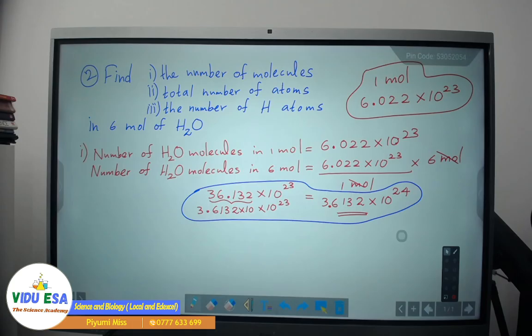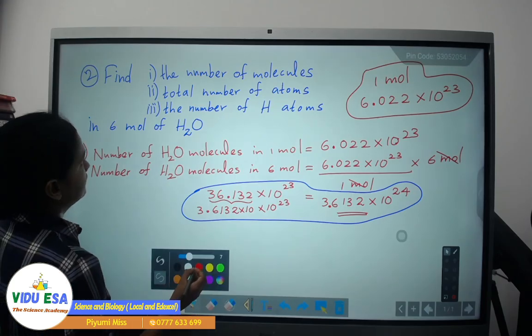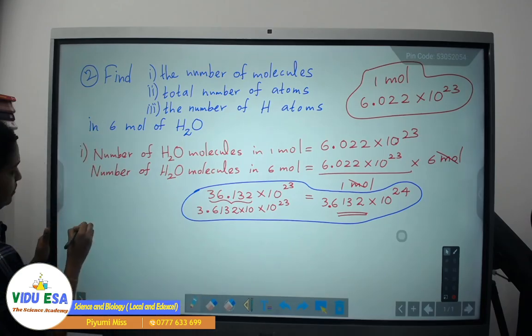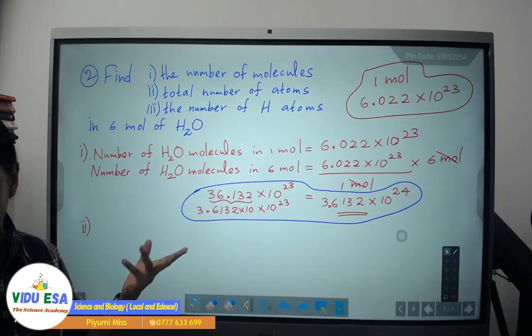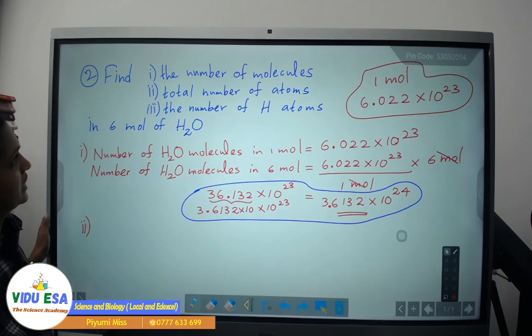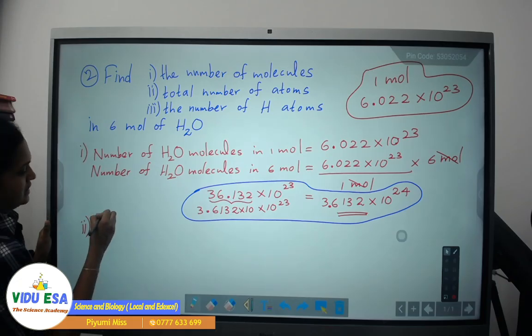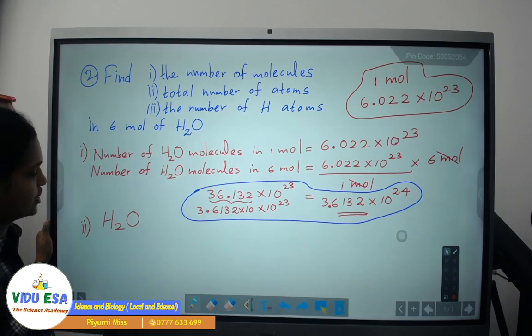Hari. Then part 2. Since I had given this question last week, I hope you had done this. That's why I'm just discussing. Then from question number 3 onwards, I will give you some more time, right? The total number of atoms. Then think of a single water molecule, right? H2O.